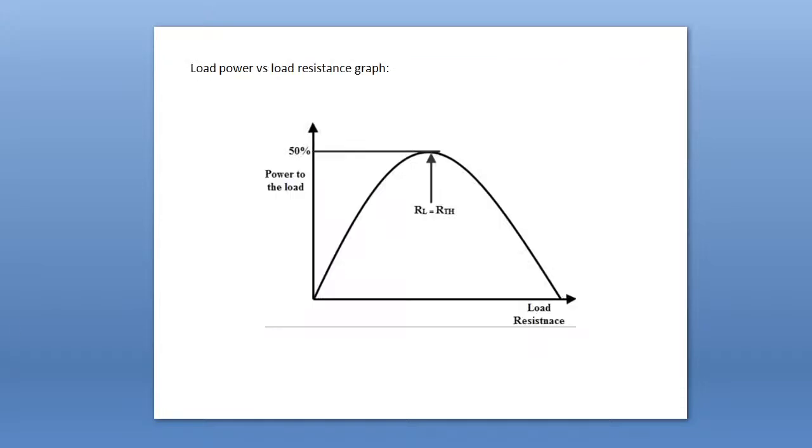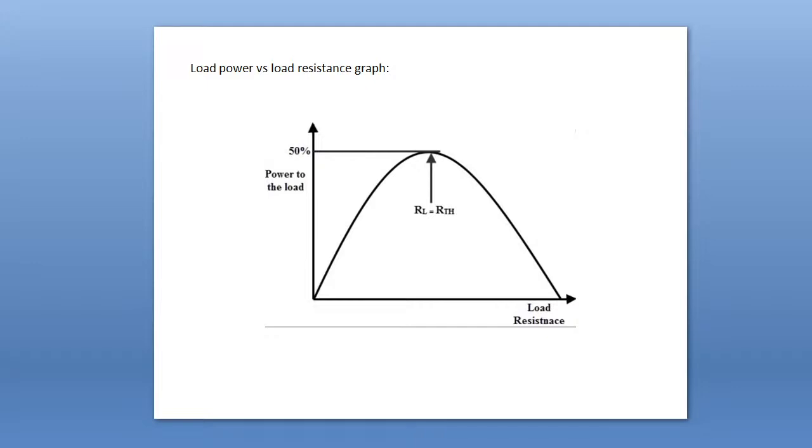Let me explain the two things, load power and power transfer efficiency. There is a confusion between these two factors. Everyone see the curve corresponding to load power versus load resistance is a bell-shaped curve.